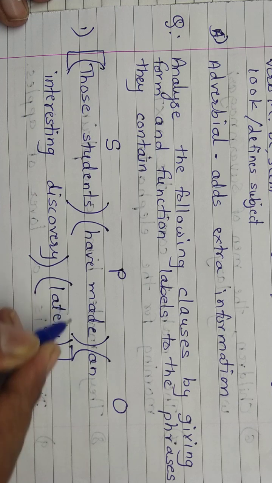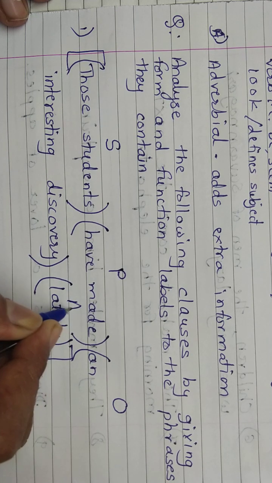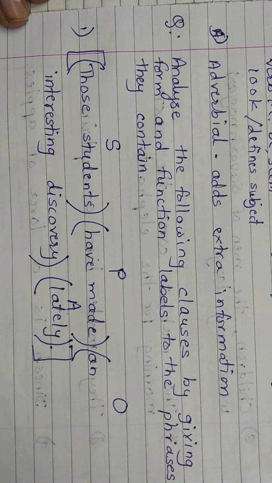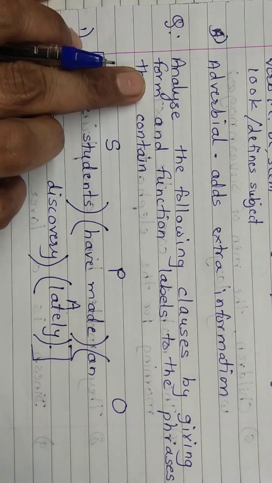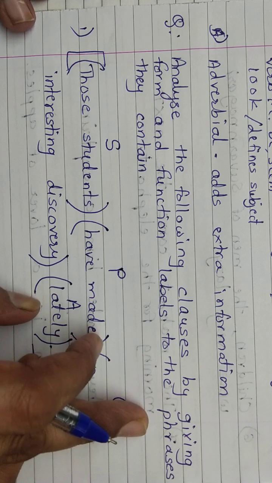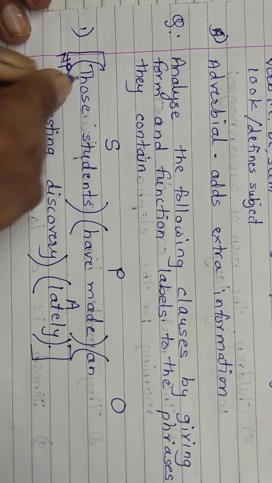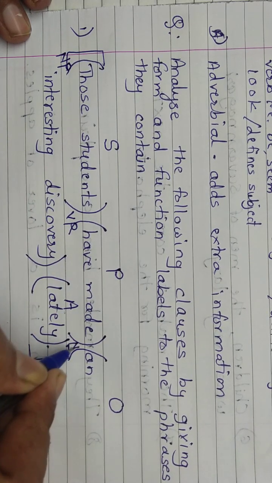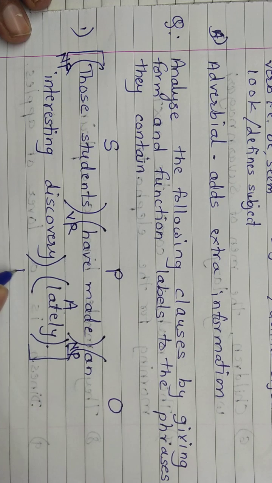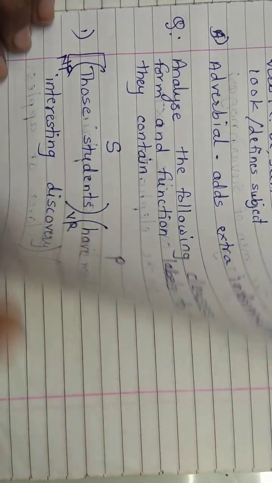And lately is extra information about time. It is an adverbial. So SPODA is the structure. Now form labels: those students, noun phrase; verb phrase; again noun phrase; lately is an adverb phrase.